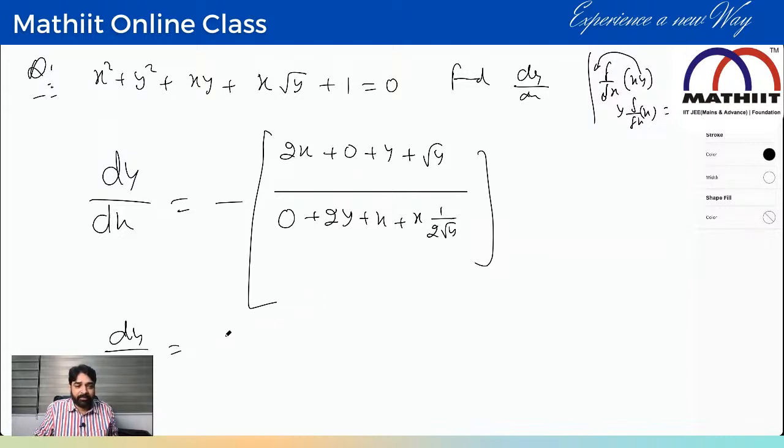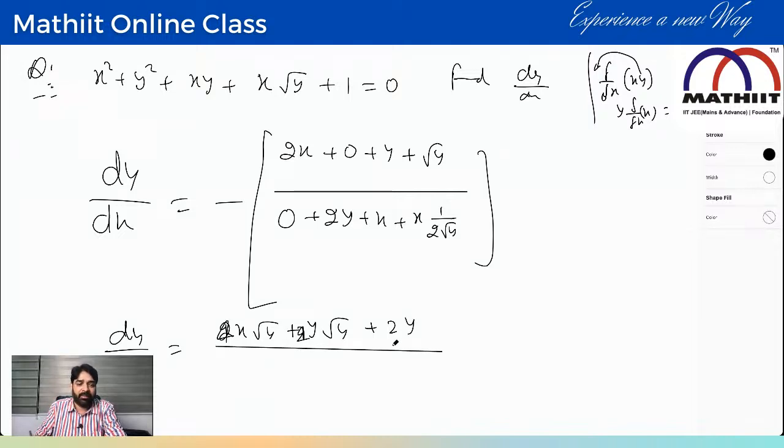So that will become 2x root y plus y into root y. 2 root y I am multiplying, so 4 here, 2 here, and plus root 2 root y into root y means y. See, calculation, nothing else. Divided by 2y root y, 4y root y plus 2x root y plus x. Calculation, please check it. That will be answer.